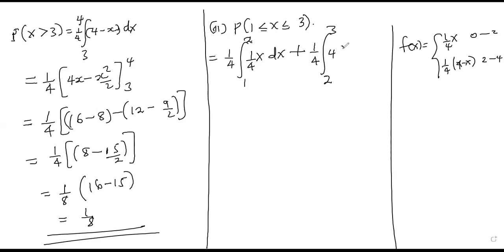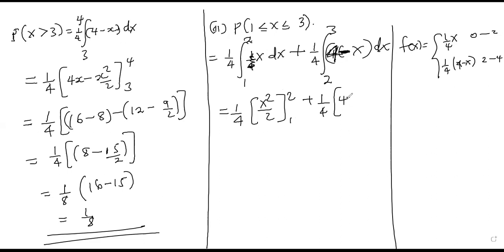So that is 4 minus x dx. So you integrate normally. You're going to have a quarter x squared over 2 from 1 to 2 plus a quarter 4x minus x squared over 2 from 2 to 3.